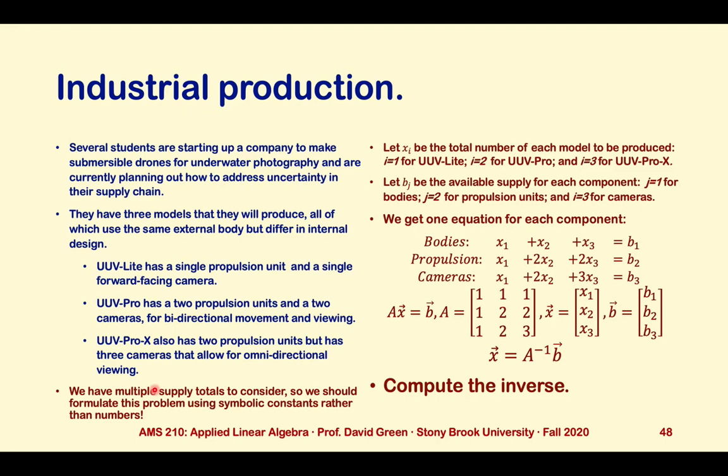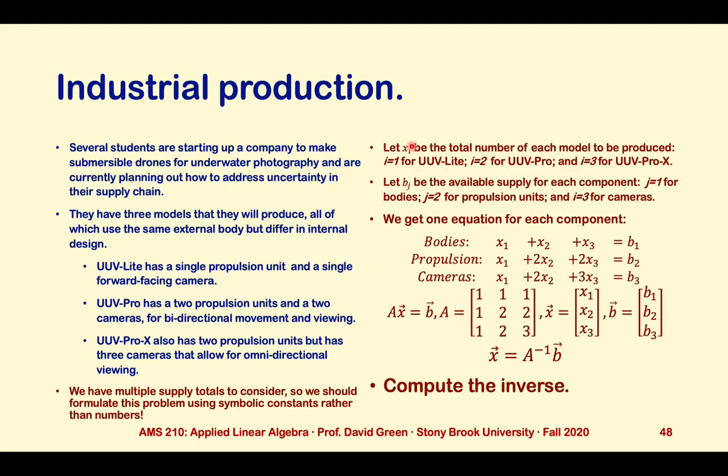It means that we need to be formulating this problem using symbolic constants for our right-hand side, rather than simply having numbers in place there. We'll define b_j to be the symbols we use for these constants.